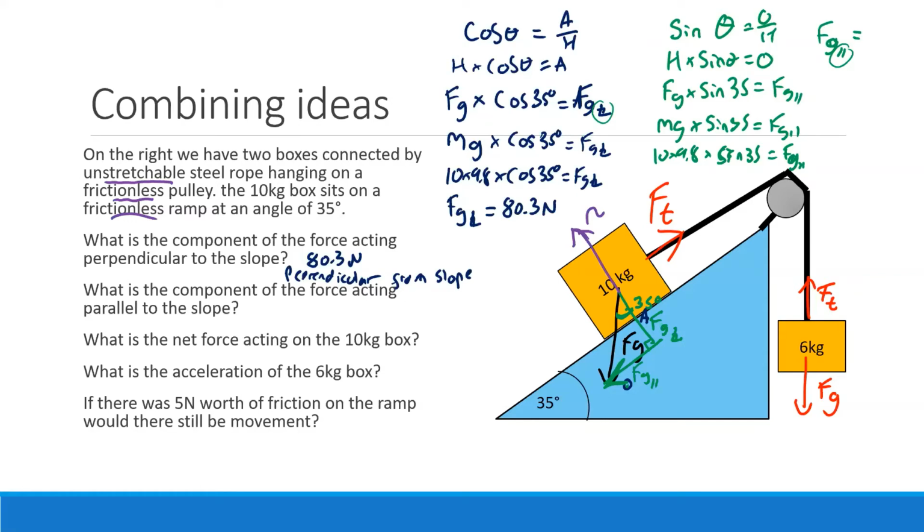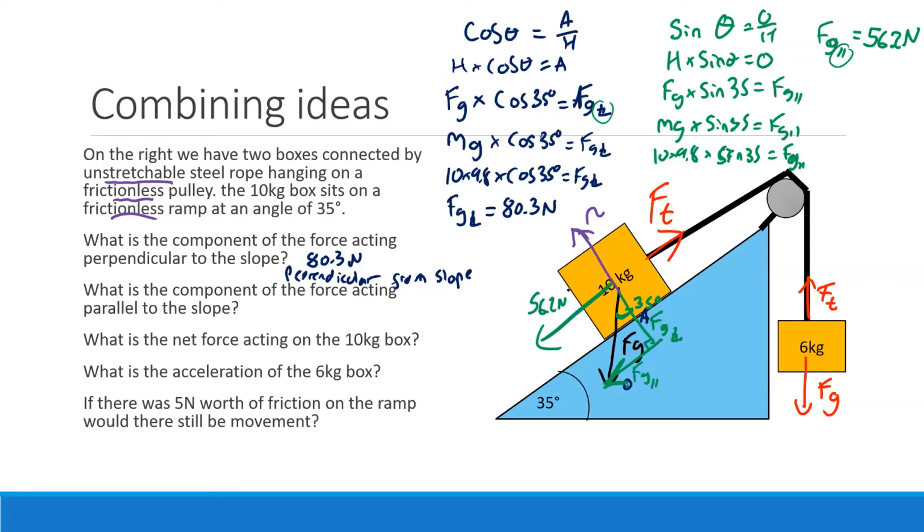It makes it a little bit easier. The ultimate answer is 10 kilograms times 9.8 times sine 35, which gives us 56.2 newtons.